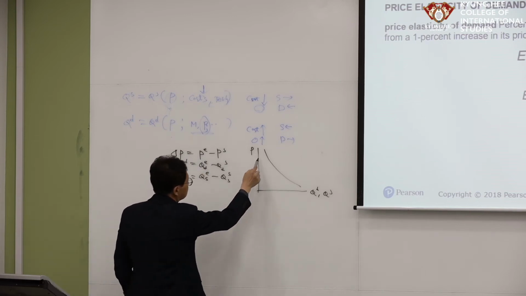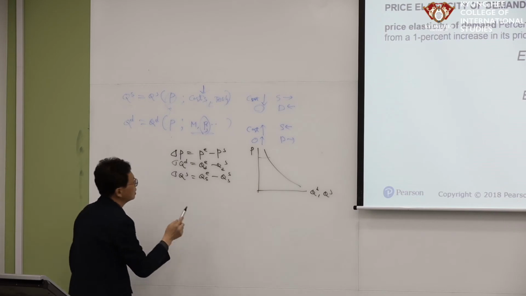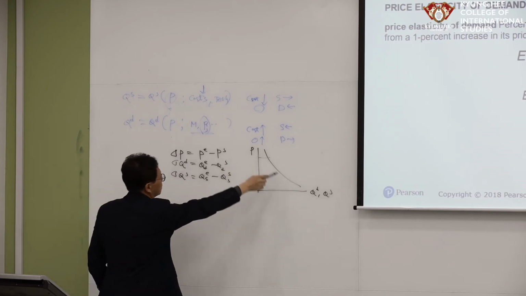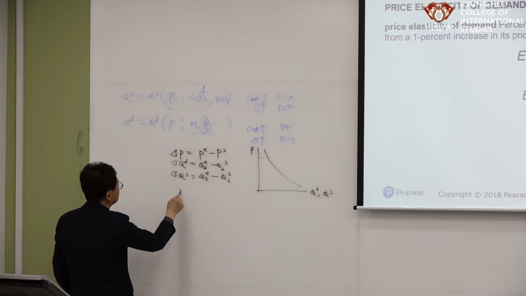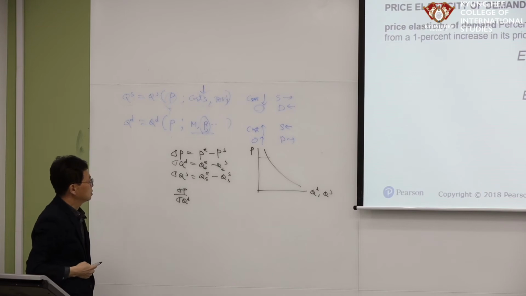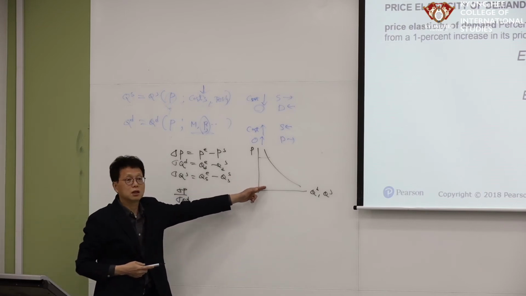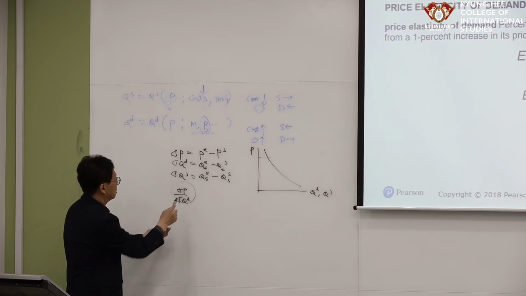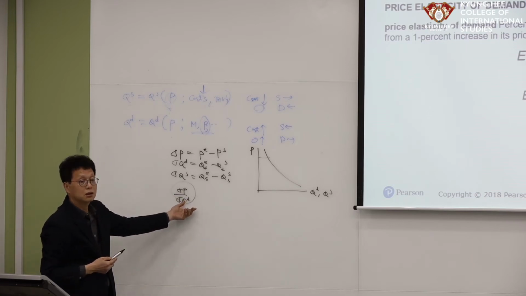Then the slope, the changing rate of quantity demanded, is like this. The slope of this graph, where the y variable is P, is change in price over change in QD. That is the slope of this graph usually, right?